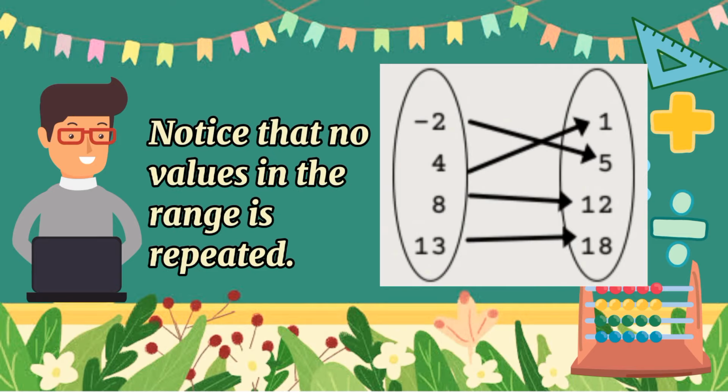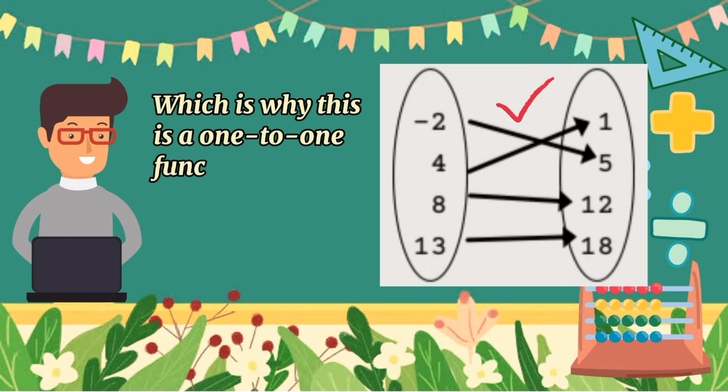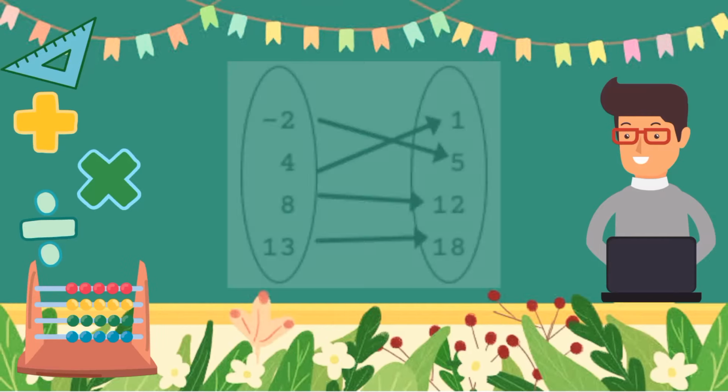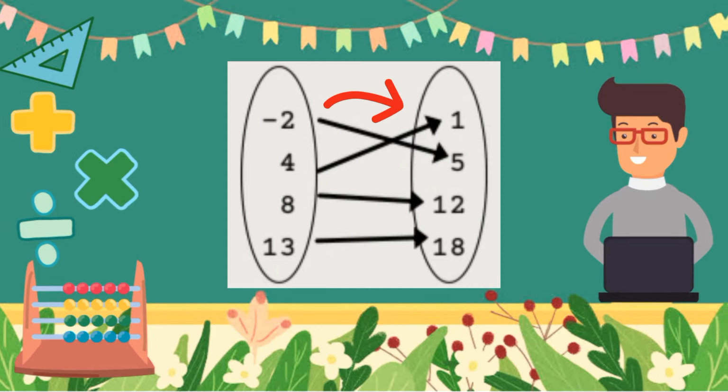Notice that no values in the range is repeated, which is why this is a one-to-one function, because the values or elements only correspond to 1. One-to-one function lamang siya kasi makikita naman natin sa diagram na correspond lamang siya sa iisa.